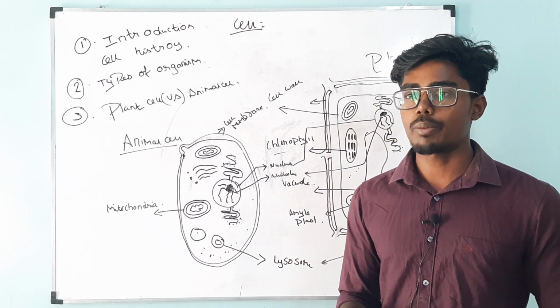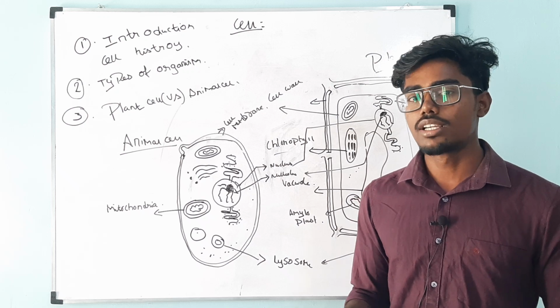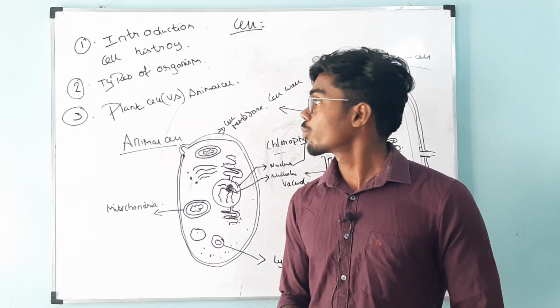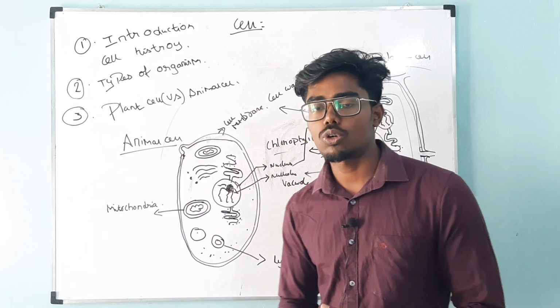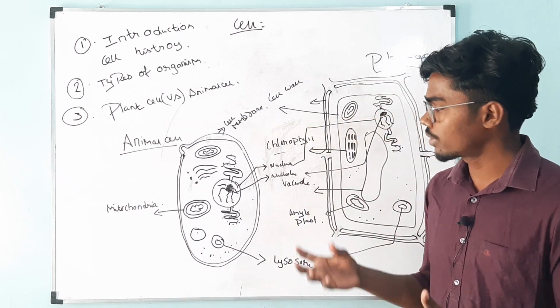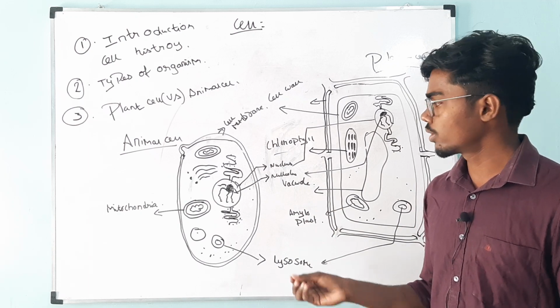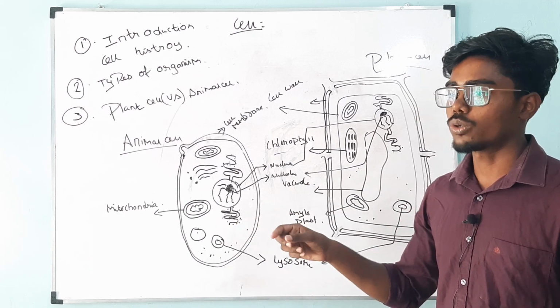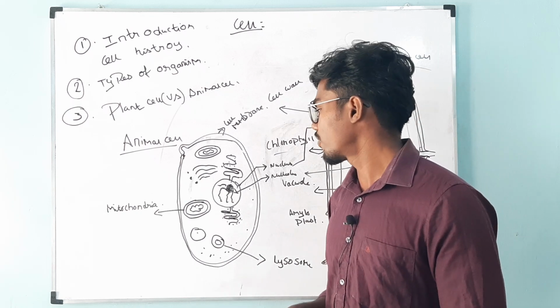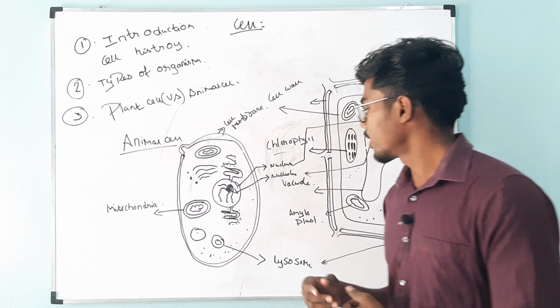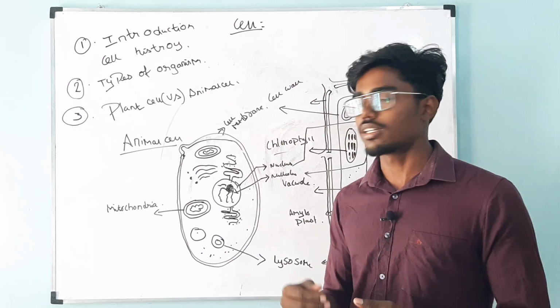In later centuries, Robert Brown and Landsteiner, with the help of an electron microscope, stated that something is present inside the small room-like structure called the cell. These are called cell organelles. Each cell organelle has a different function, and each of them is different from one another.